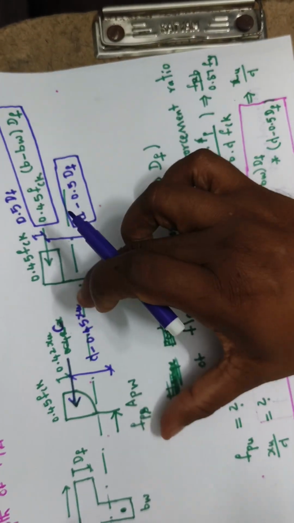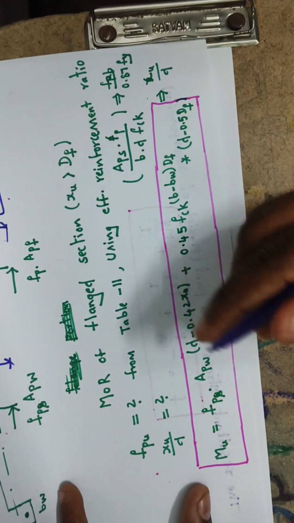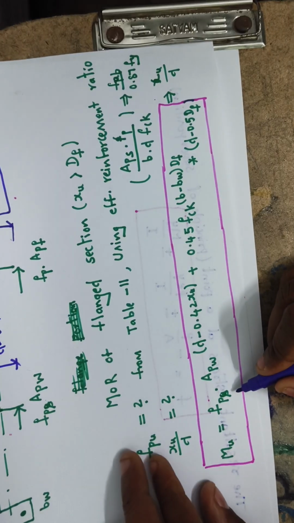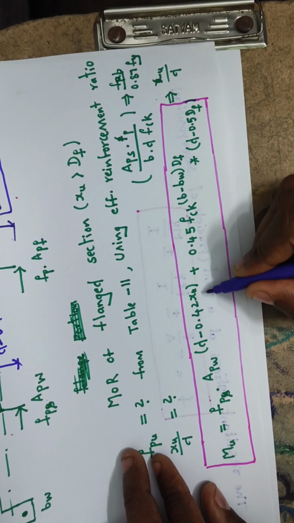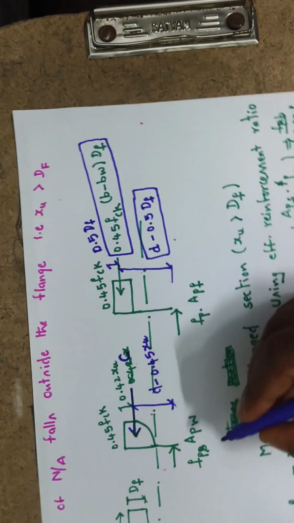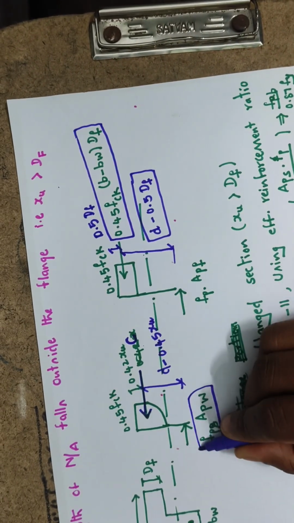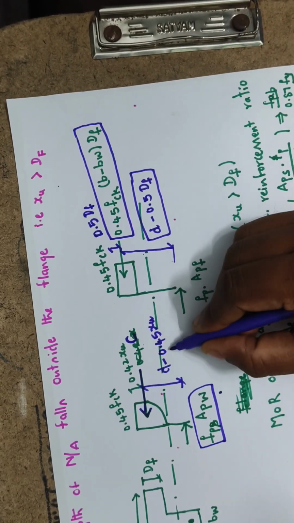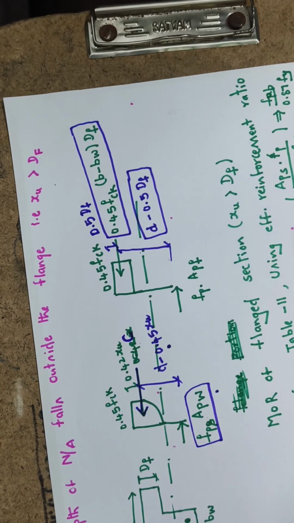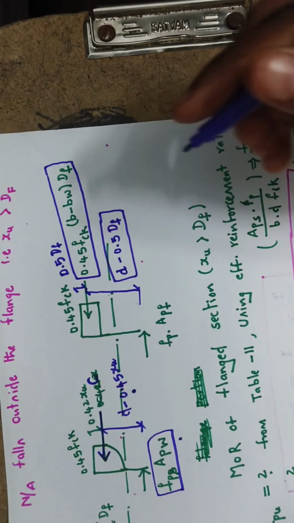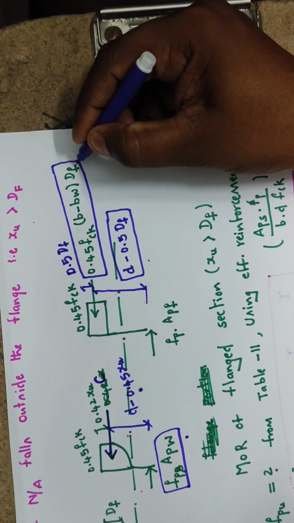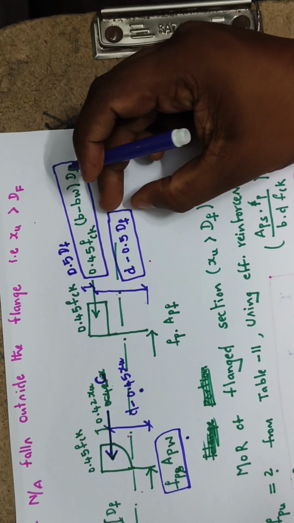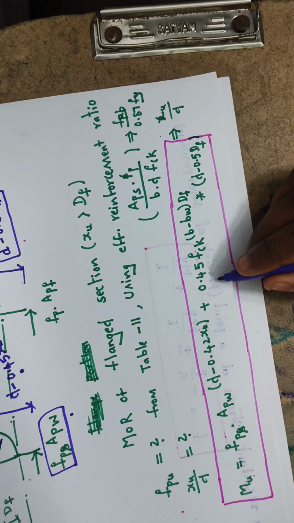The moment of resistance from this stress block diagram will be fps into area of prestressing steel into lever arm d minus 0.42 xu, plus this force 0.45 fck into (b minus bw) into Df into its lever arm, that is this one.